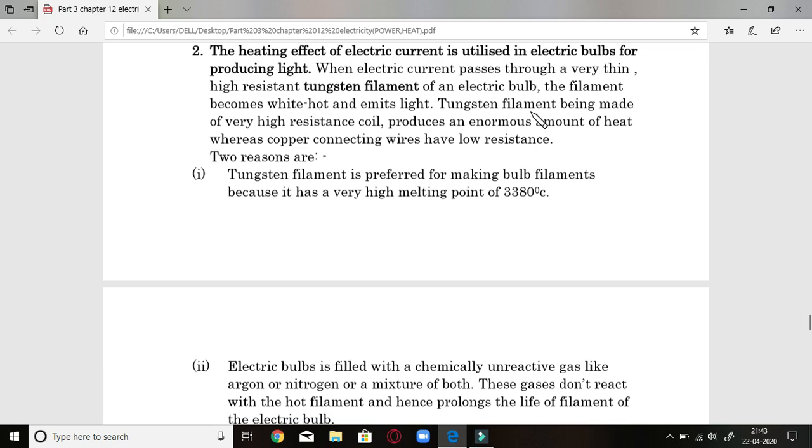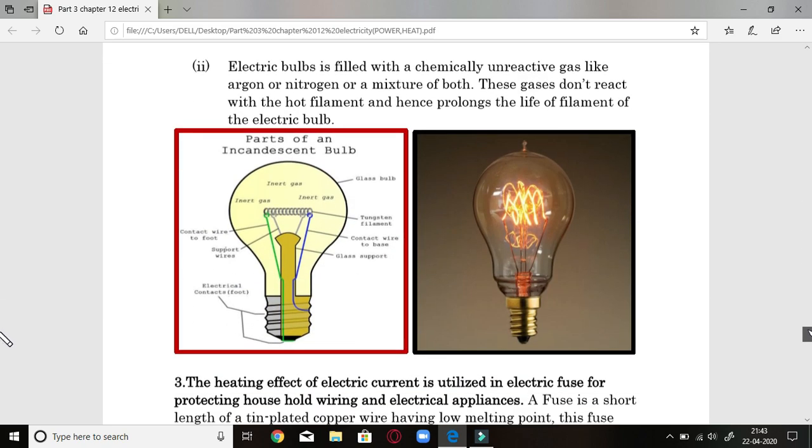Tungsten filament, being made of a very high resistance coil, produces an enormous amount of heat, whereas copper connecting wires have low resistance in them. Okay, let me show you one diagram here. Here I have shown you a bulb and a glowing bulb. You can see here an electric bulb. In the electric bulb, this is a cord, and then here you can see a coil which is a tungsten filament.